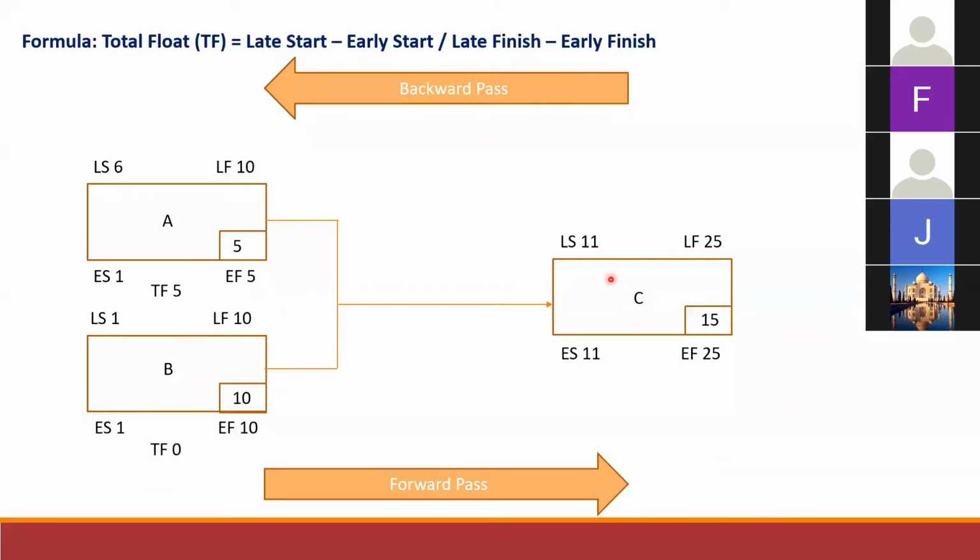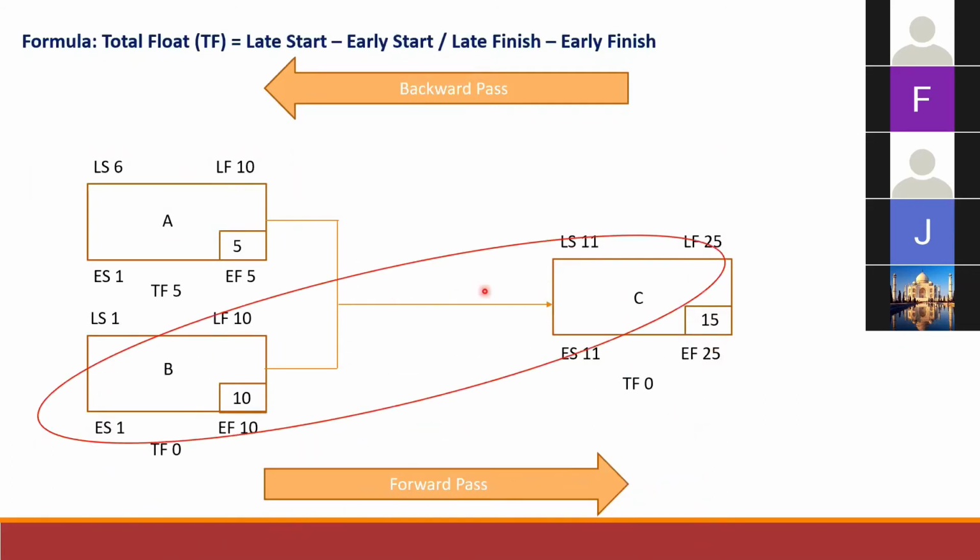For activity C, late finish minus early finish, 25 minus 25, you get a total float equal to 0 as well. So activities B and C have a total float equal to 0, which means they are critical. So the critical path in this project network is activity B and C.